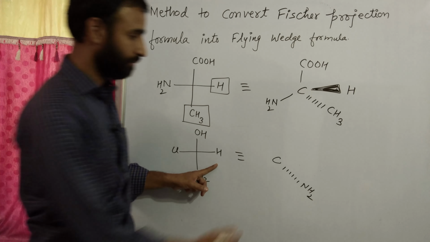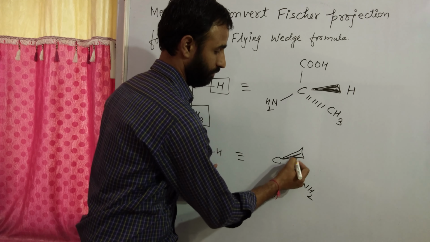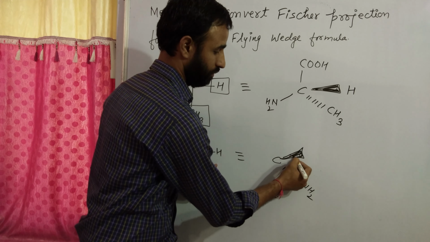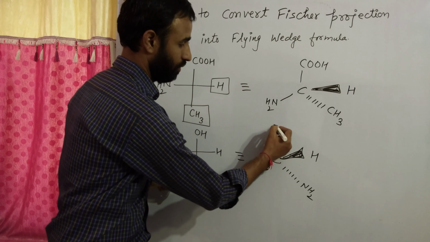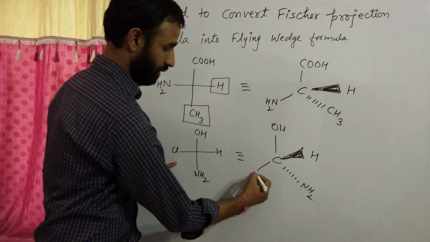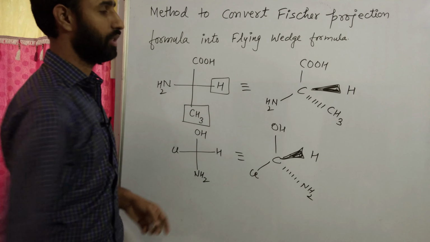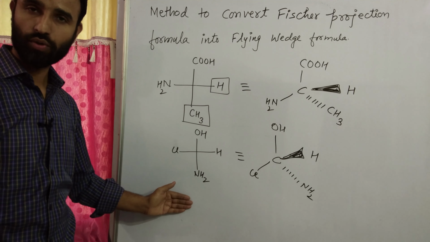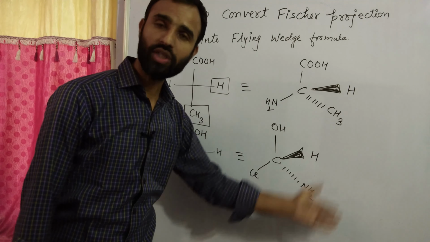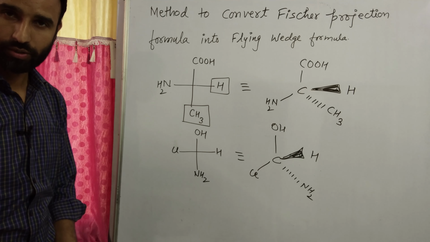On the right side, by a solid line, and the other two accordingly in the sequence. So this is the way to convert a Fischer projection formula into a flying wedge formula.